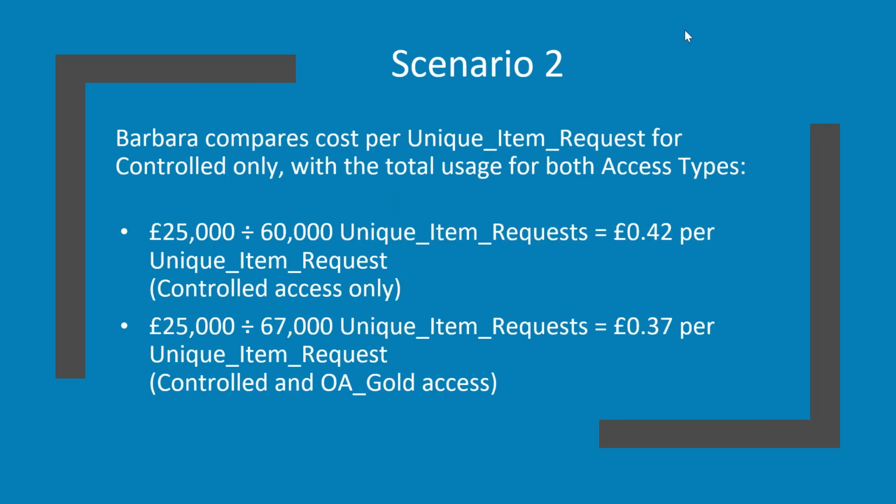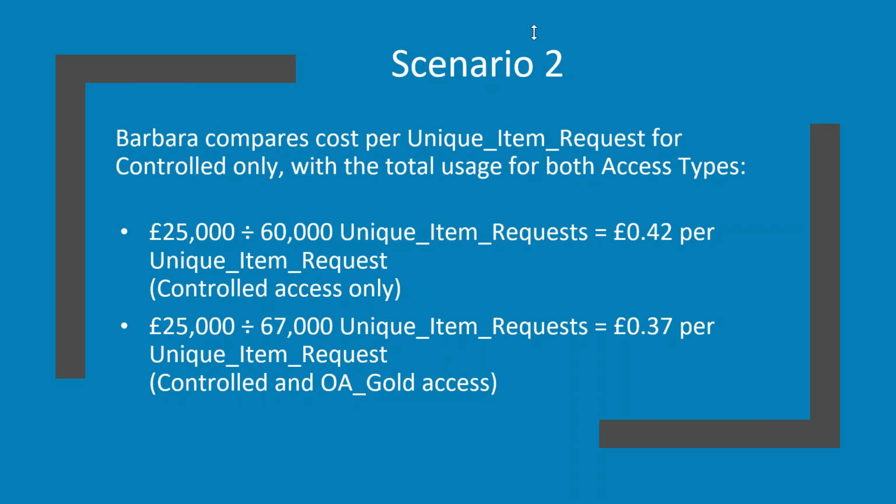So armed with that information, Barbara can run another calculation. She's already calculated, we saw in the slide before last, that the per use cost for unique item requests calculates at 42 pence per usage for her institution.